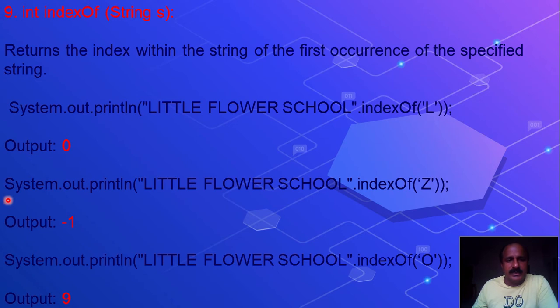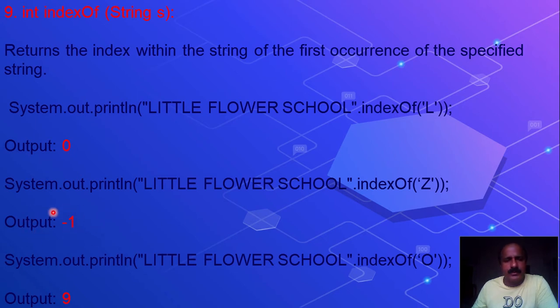Next, see the next example. Little Flower School dot indexOf Z. See, in this string, can you see any place where the letter Z is present? No. Otherwise, in the specified string, if the letter that you have specified is absent, then -1 will be returned.